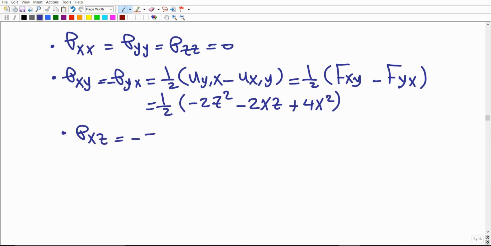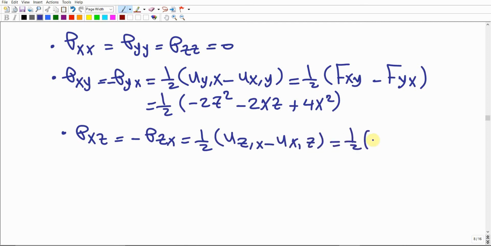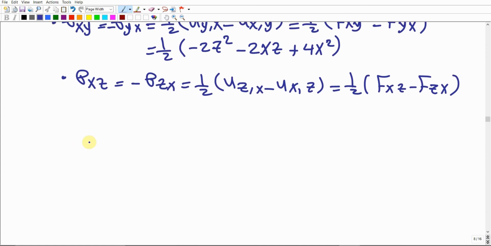Like theta xz should be the negative of theta zx, equals 1 over 2 the uz comma x negative ux comma z, and in the meanwhile it is the fxz negative the fzx. Make sense? Then plugging in the fxz and fzx that we got up there, we can end up with a value for this theta.